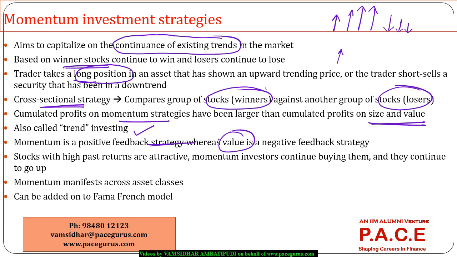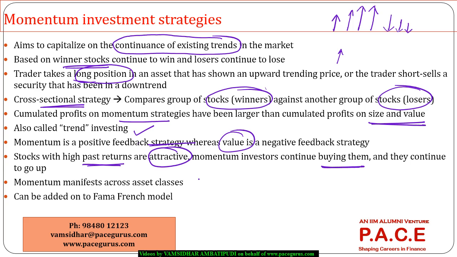So going with again the momentum, those stocks which have high past returns, it is expected that they keep going up in the future as well, so they become more and more attractive. So the momentum based investors are going to continuously buy them, and they keep going up in the future as well until a negative turn starts coming up. So they keep going up until a certain period of time.